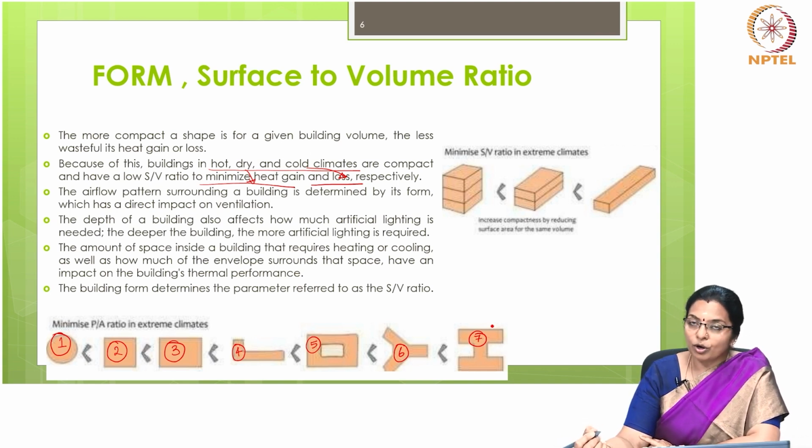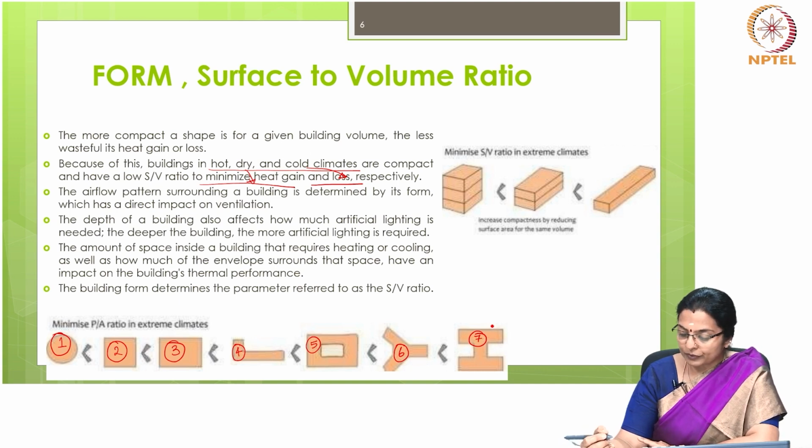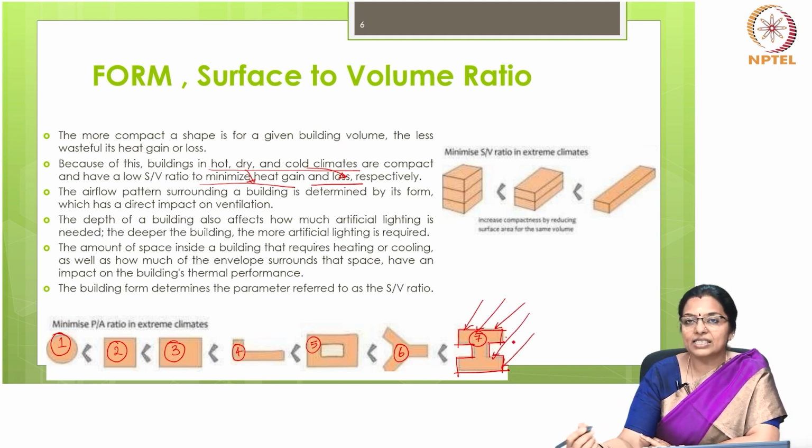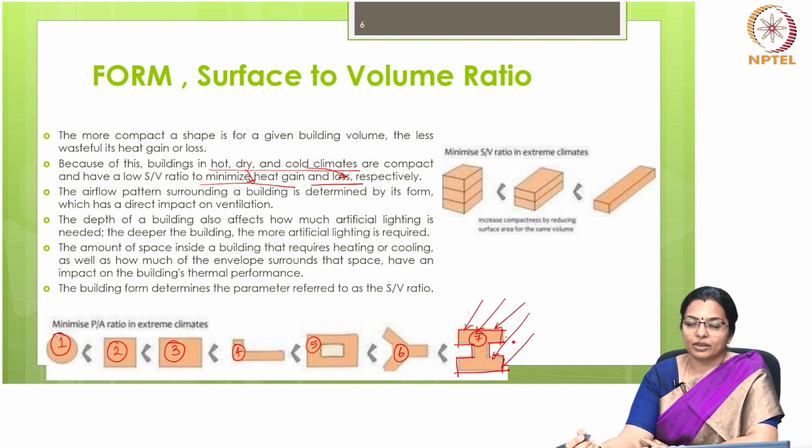So, if you want to avoid too much exposure to sun, it is better that you do not provide forms which have more perimeter to area ratio, because the surface extent increases and that gives more opportunity for solar radiation to enter the house for the same given area.